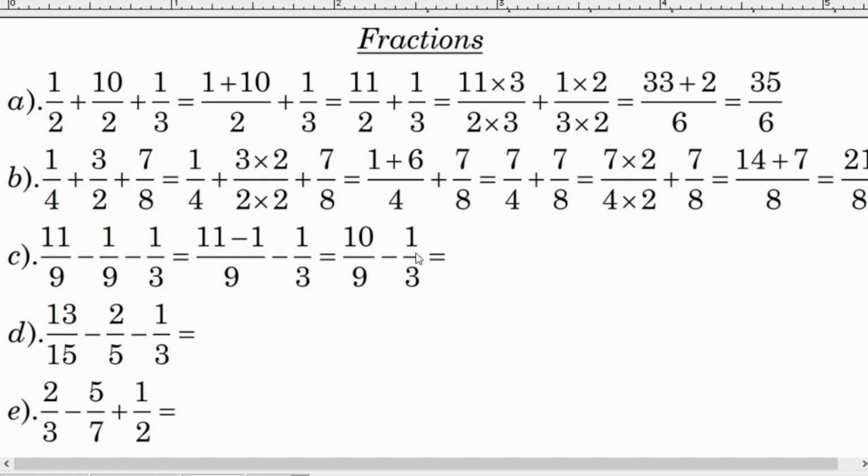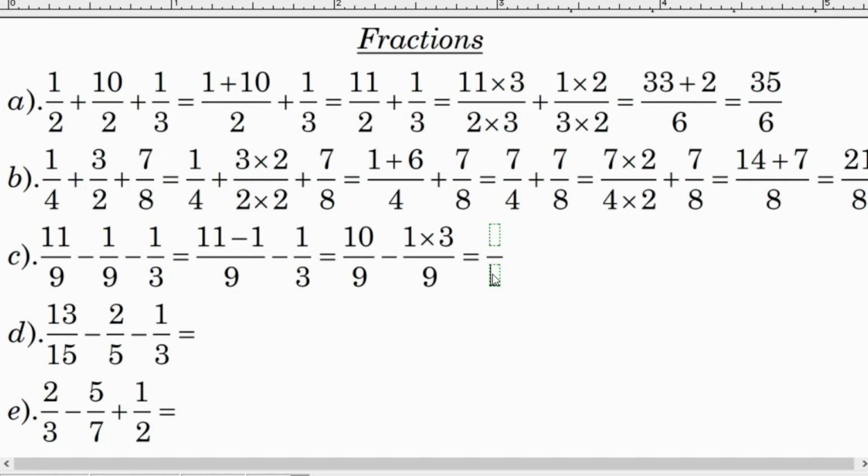So now we can just multiply by 3 here, and then we also have to multiply the numerator with 3. So 3 multiplied by 3 is equal to 9. So now we have the same denominator, which is 9.